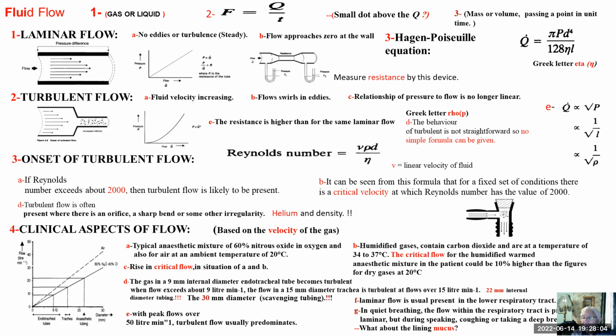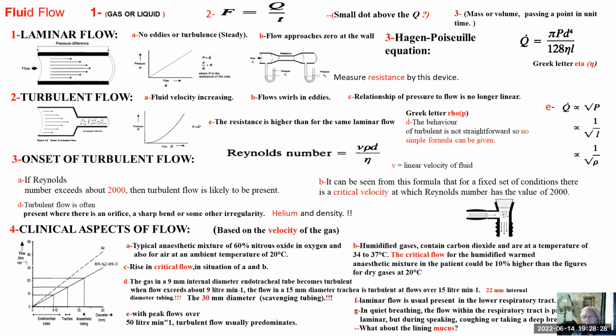You can write it as if you are writing a P from downwards upwards, then you make a turn upwards. The behavior of turbulence makes it difficult to create a simple formula. Now we come to discuss the onset of turbulent flow.